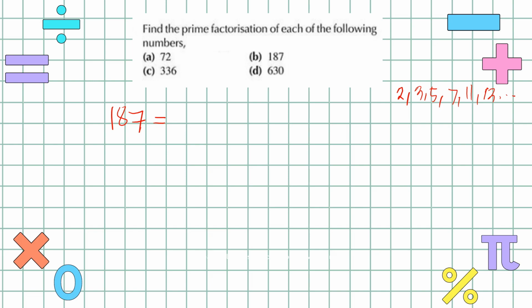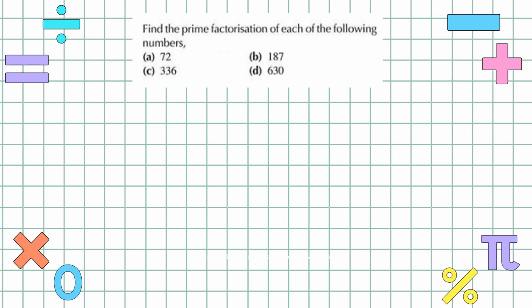Upon checking, 11 works, and it can be rewritten as 11 times 17. And since these are both prime numbers, this is simply the prime factorization of our example. Nothing more, okay?